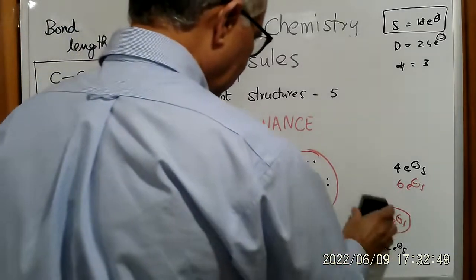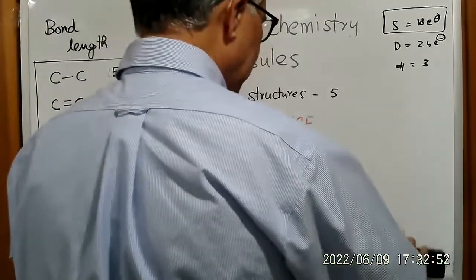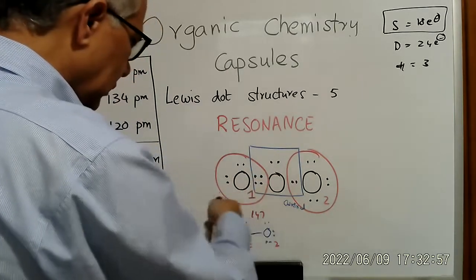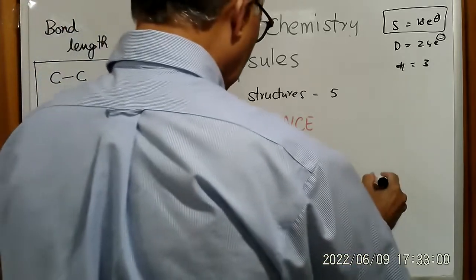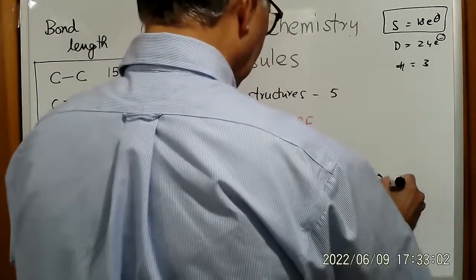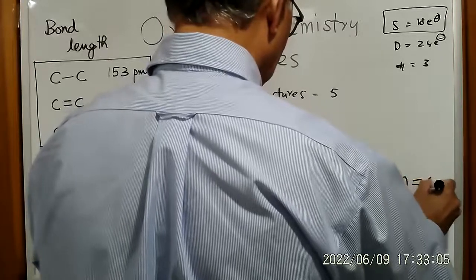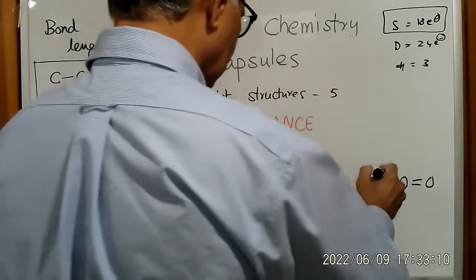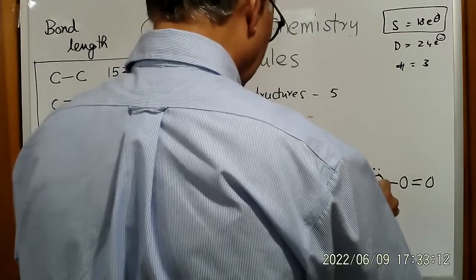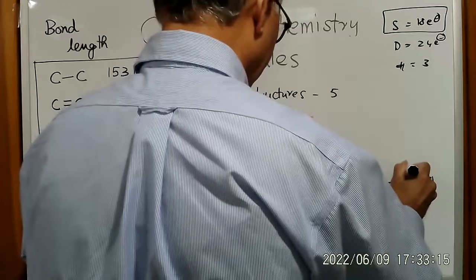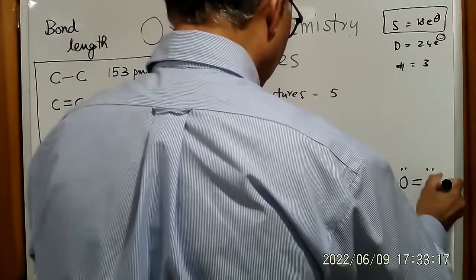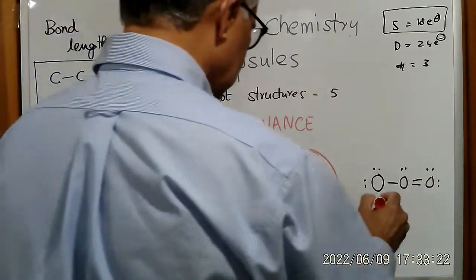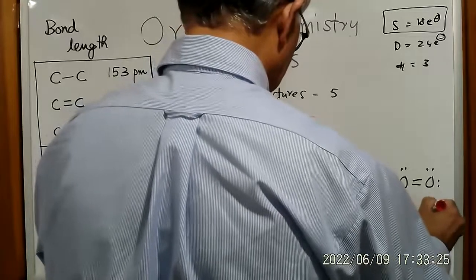It's there. Now, you may come up with an alternate structure. You may notice I used the double bond between oxygen 1 and the central oxygen. Or you may say, hey, I want to do it this way. So, oxygen 1, oxygen central, oxygen 2.